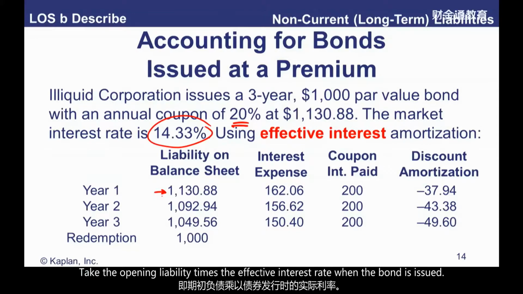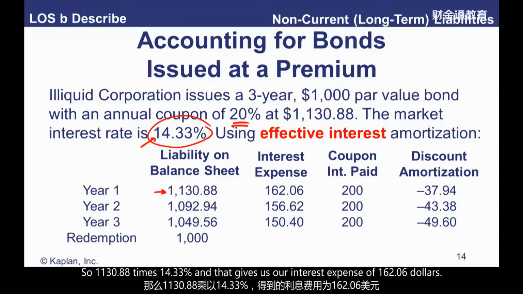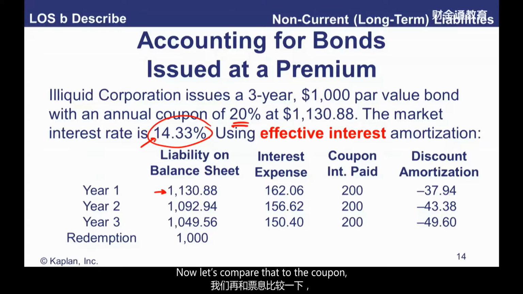Take the opening liability times the effective interest rate when the bond is issued. In this case, 14.33. So 1130.88 times 0.1433, and that gives us our interest expense of $162.06. Now let's compare that to the coupon. 20% coupon, of course, here.